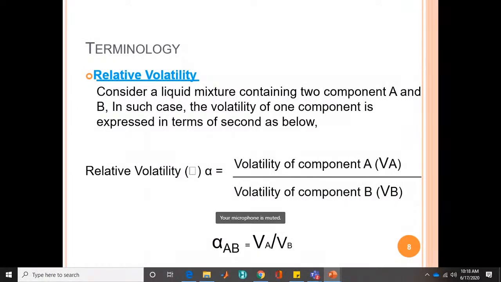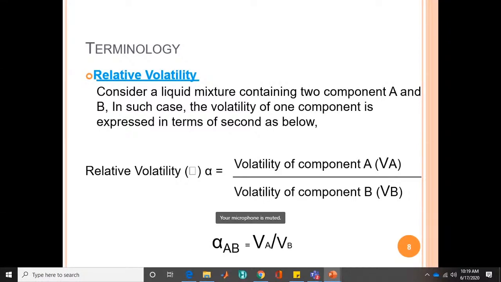For instance, if the volatility of component A is 0.5, and similarly the volatility of component B is also 0.5, I'm going to get an answer of unity. That's 1. That means the relative volatility is the same, right?